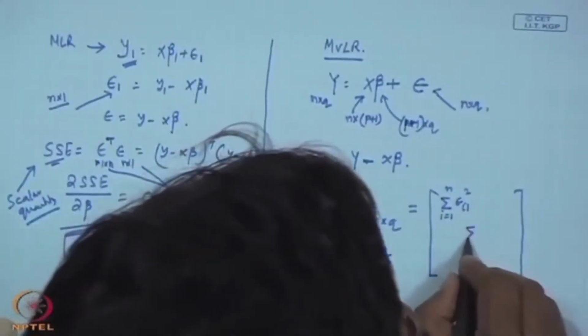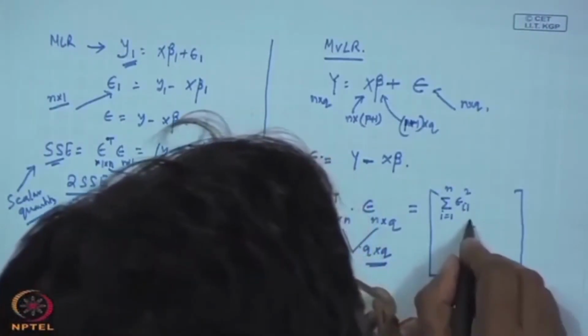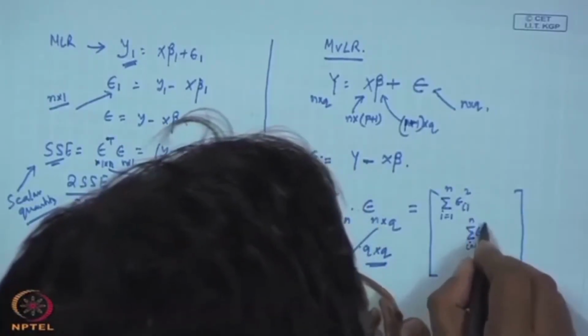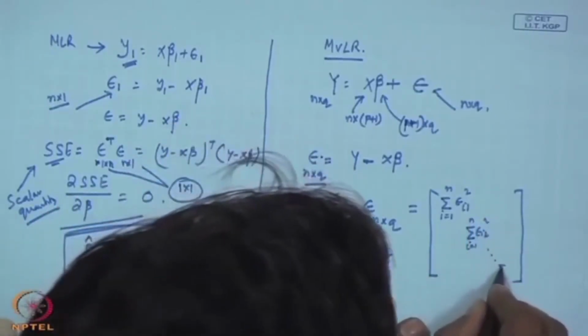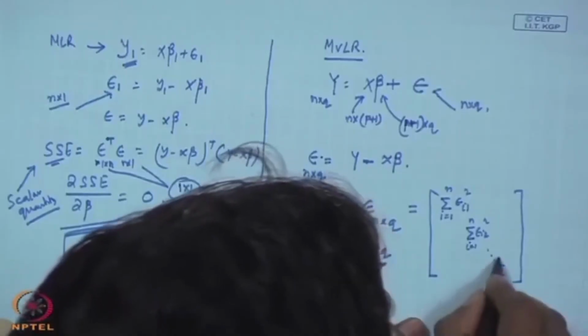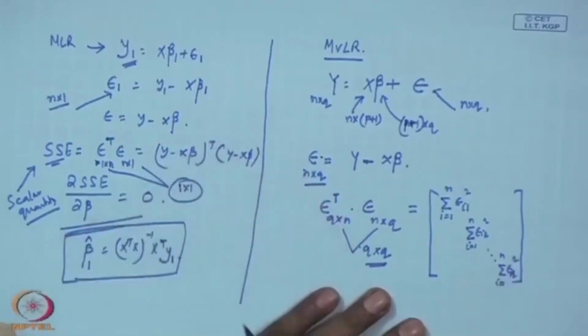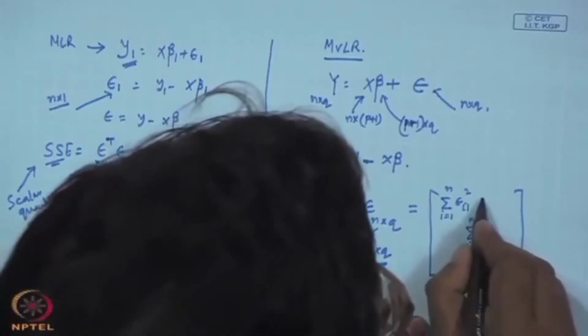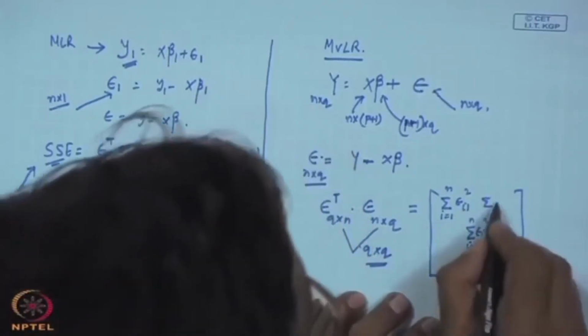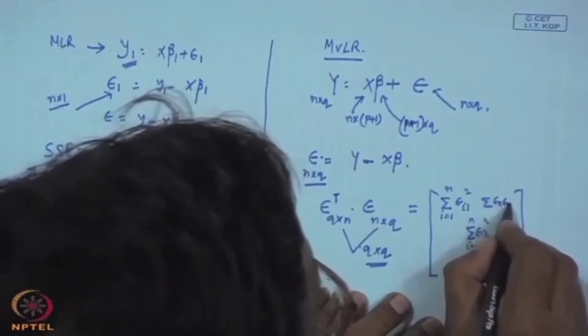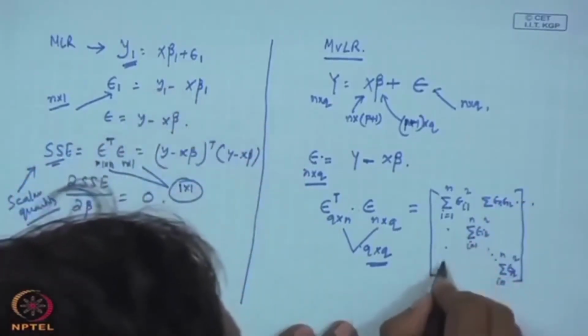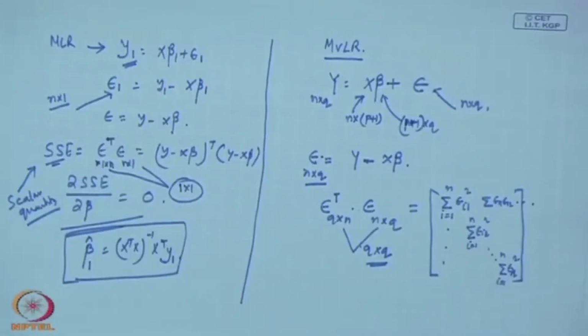The second diagonal element will be sum of i equal to 1 to n epsilon i2 square. Similarly, the last diagonal will be sum of i equal to 1 to n epsilon iq square, and the off diagonal elements will be the covariance structure epsilon i1 epsilon i2 like this. So, like this, getting me?